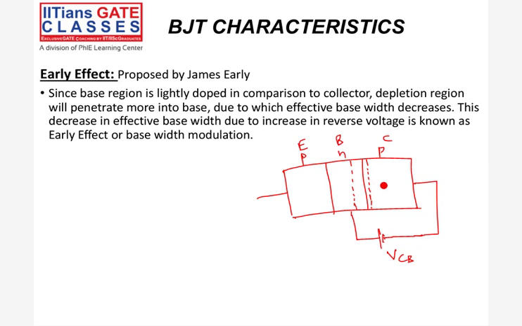Because collector is heavily doped, so very less region it will cover in this, but if it is lightly doped, so it has more region in this, we can see. Okay, so this is the diagram.